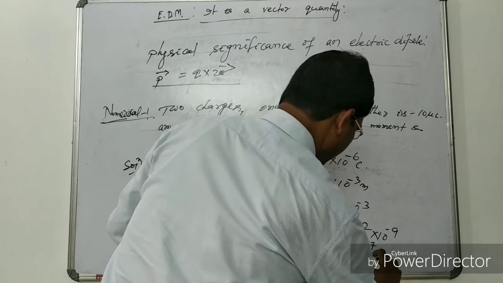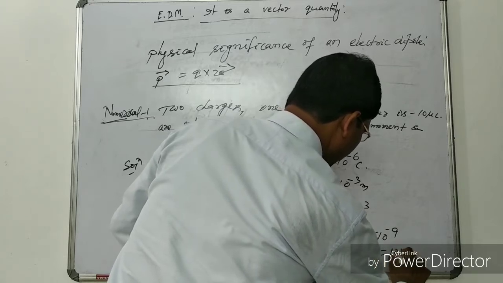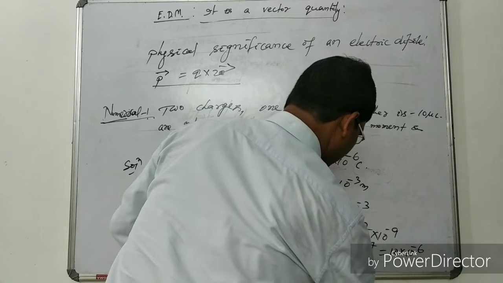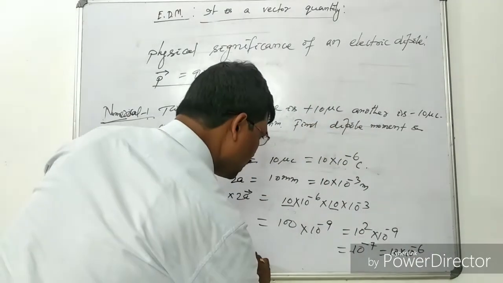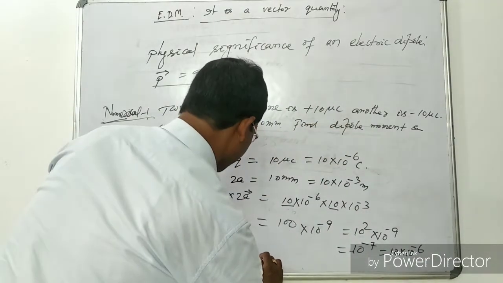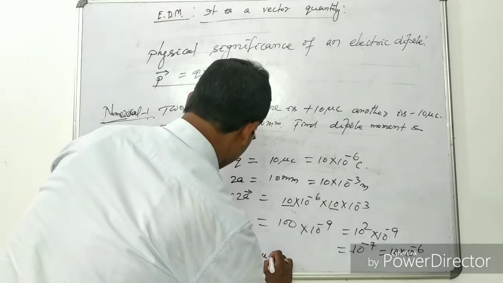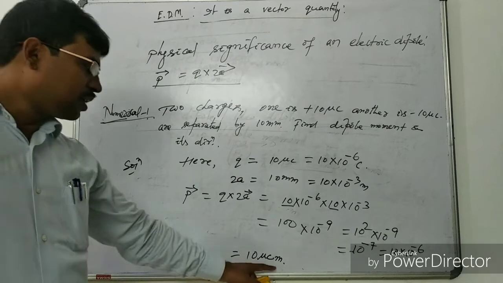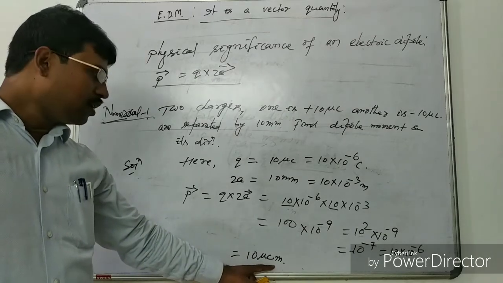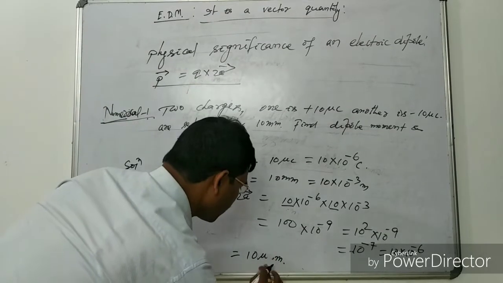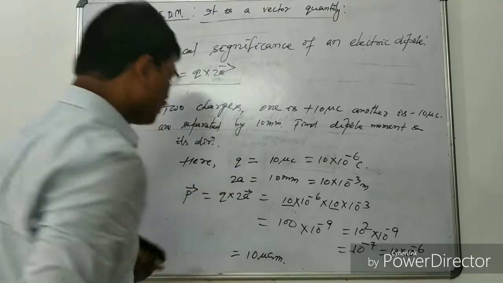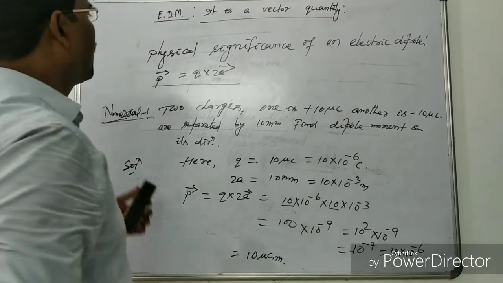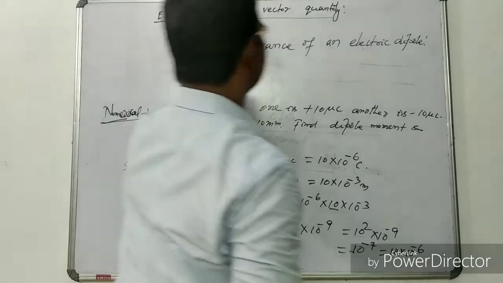So we can write this one 10 into 10 to the minus 6 micro coulomb meter. Don't forget to write the unit, capital letter micro coulomb meter. This is the answer. In this way, another example, suppose you will take numerical 2.